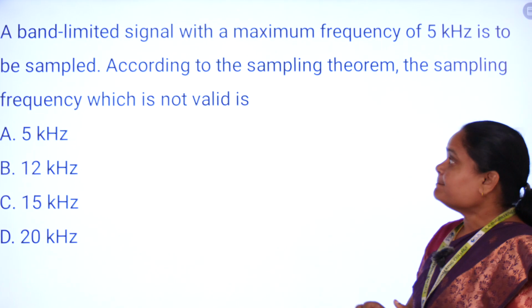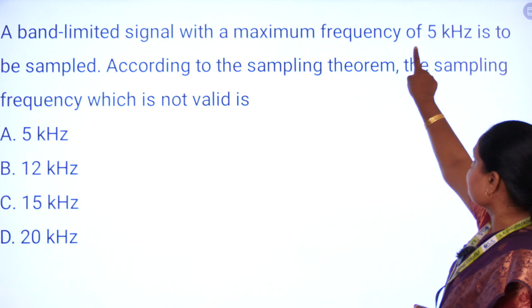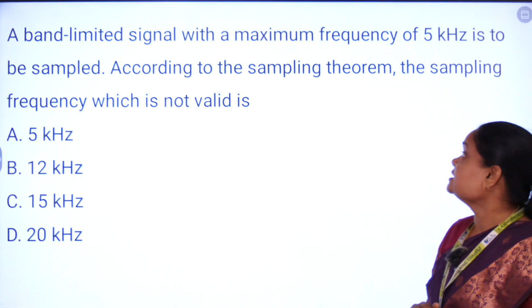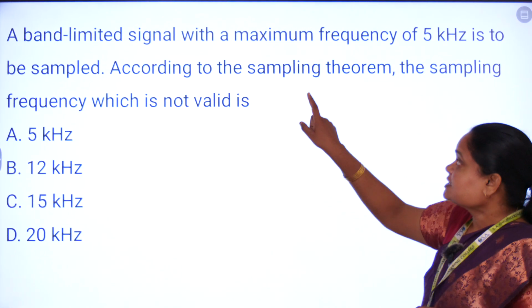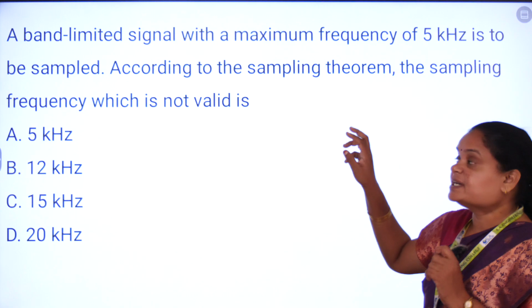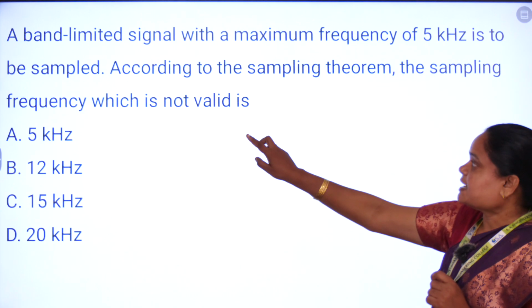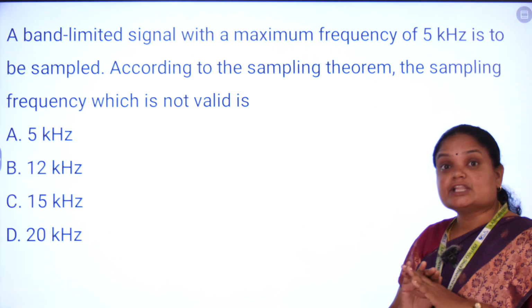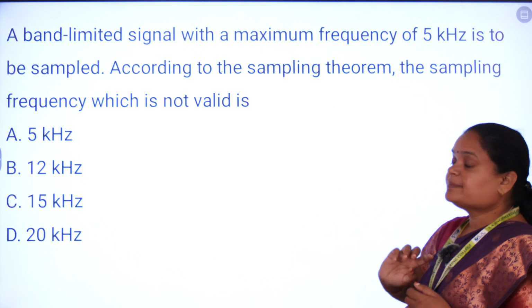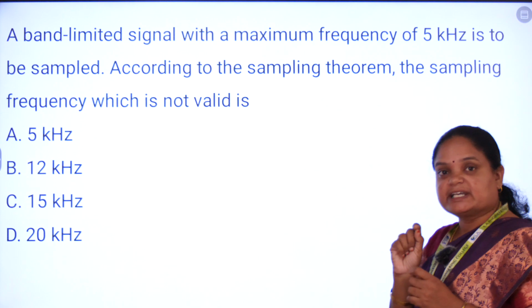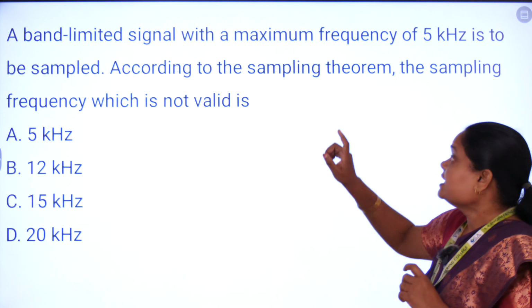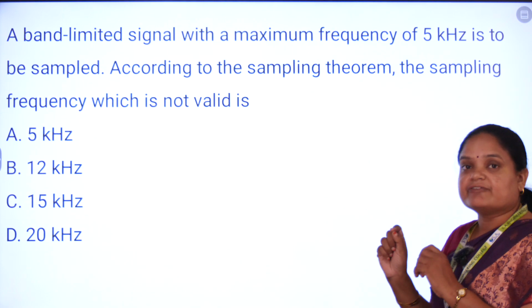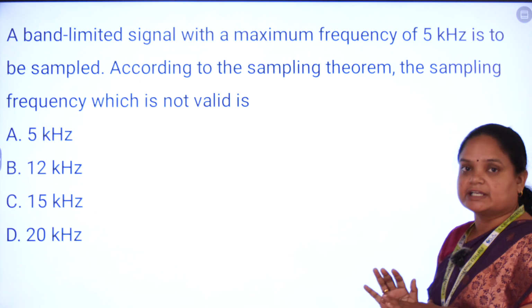Next problem: a band limited signal with a maximum frequency FM of 5 kilohertz is to be sampled. According to the sampling theorem, which sampling frequency is not valid? So what is the sampling theorem here? Fs should be greater than or equal to 2 FM. FM is 5 kilohertz, so 2 FM is 5 into 2, 10 kilohertz.